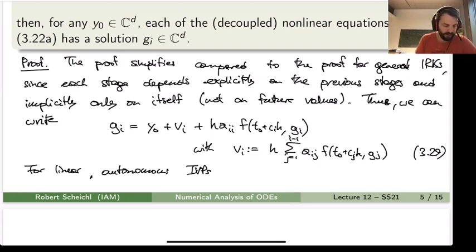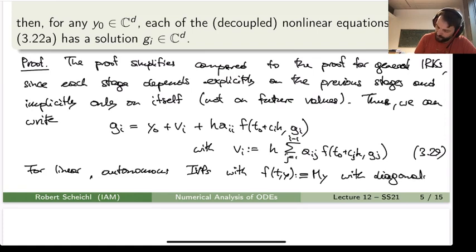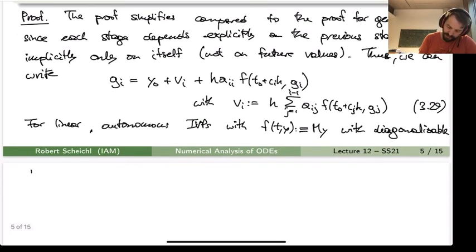So for linear autonomous initial value problems with f of t, y being a matrix M times y with diagonalizable system matrix M.